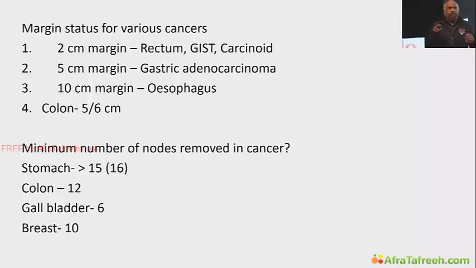They made a table and asked which was correct, and breast had 10, colon had 12, but stomach and gallbladder had different numbers. Those were wrong, and breast and colon were correct. So these are the minimum number of lymph nodes you have to remove in cancers, okay? If you have fewer than this number of lymph nodes, then that is an inadequate resection.